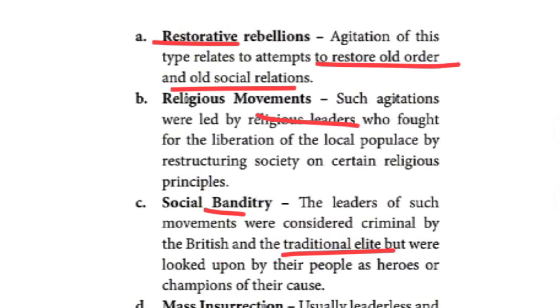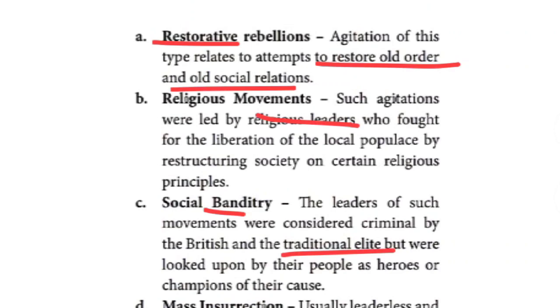Then third one, social banditry, banditry in the sense robbery: leaders were considered criminals by the British government, and at the same time heroes by the traditional people of India. The last one, mass insurrection. What is meant by insurrection? The revolt, otherwise we can say uprising, violent revolt.